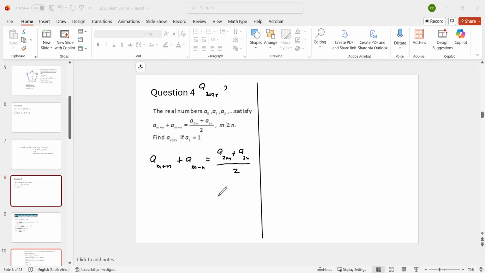Now, these kinds of problems can be quite difficult or tricky, but you have to try to get various equations because you've got infinitely many equations here. m and n are any integers.